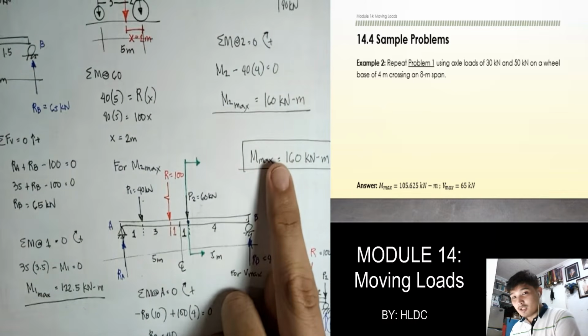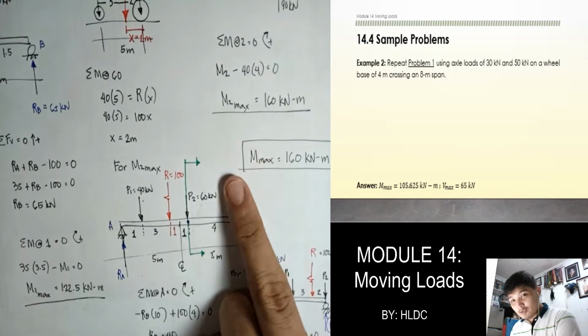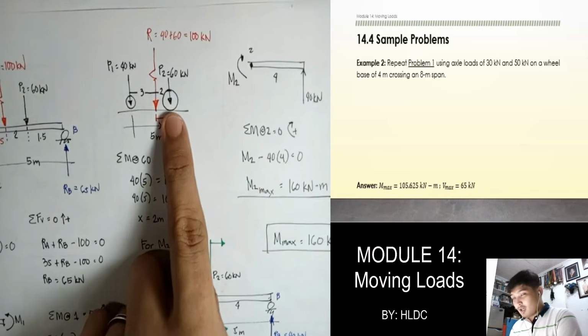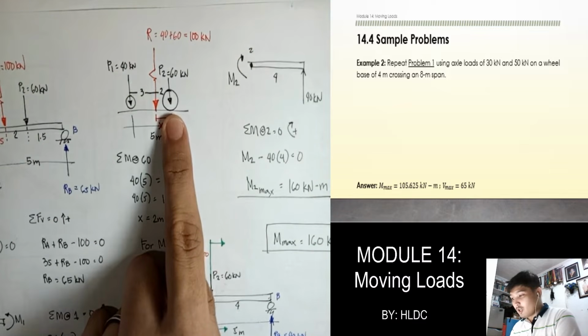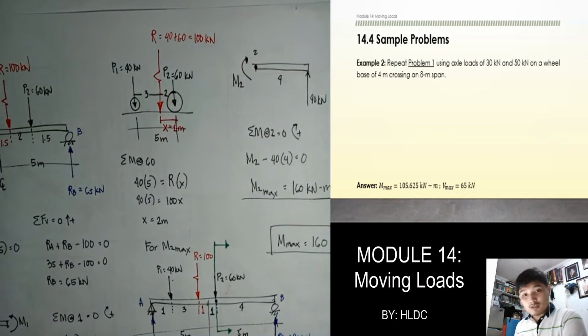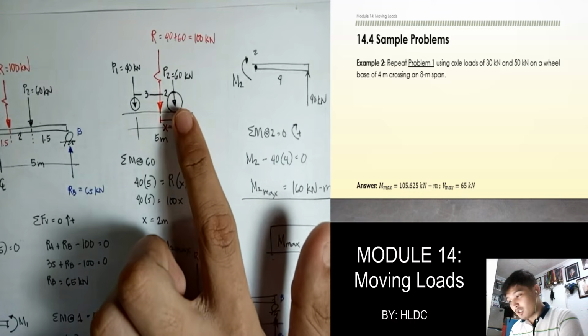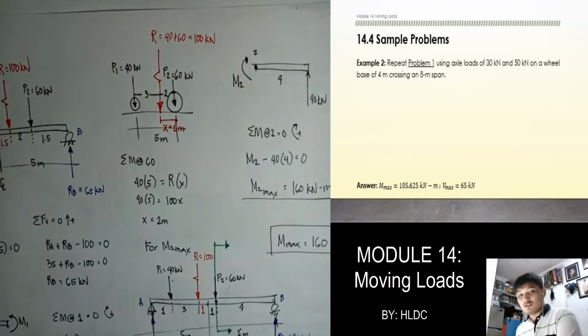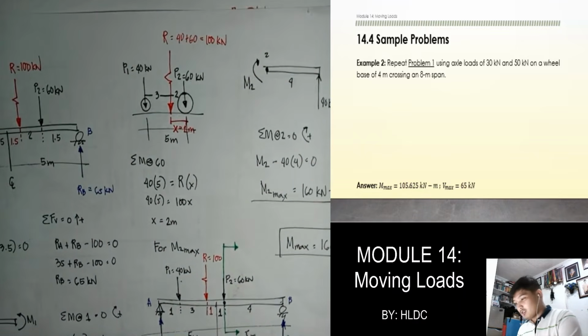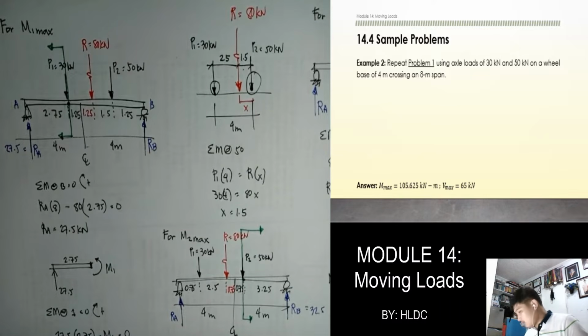Mas malaki pa rin talaga yung moment under dun sa greater or larger weight. Okay, so just in case gusto mo lang mapabilis yung analysis mo, let's say 2-wheel load lang siya, proceed ka na agad dun sa mas mabigat. Kasi doon, kadalasan nag-exist yung maximum moment. Okay, so anyways, proceed na tayo sa next sample problem natin.